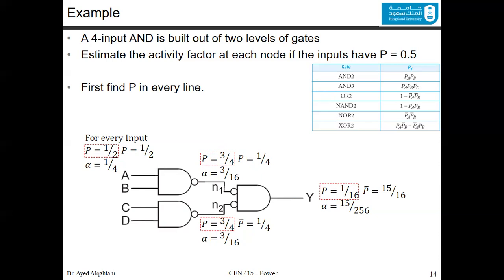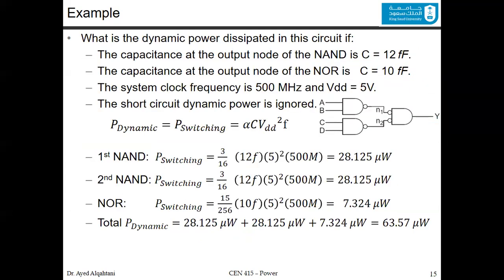How do we apply this to get the dynamic power consumption? If you were asked what is the dynamic power dissipated in that circuit, if the capacitance at the output node of the NAND is 12 femtofarad, and at the output node is 10 femtofarad, and the system clock frequency is 500 MHz and the VDD is 5 volts.